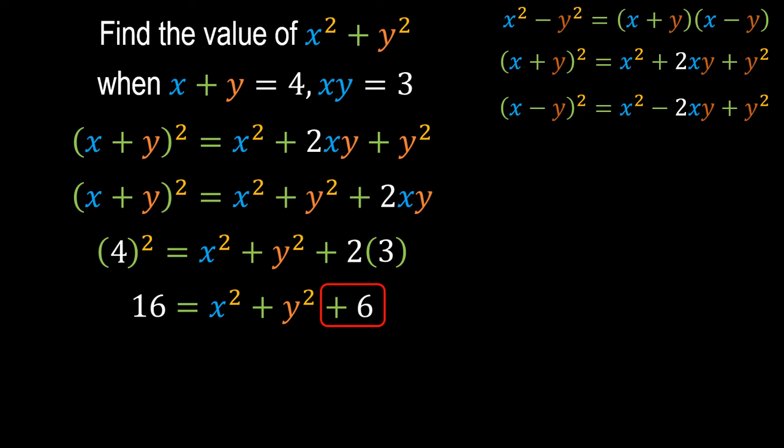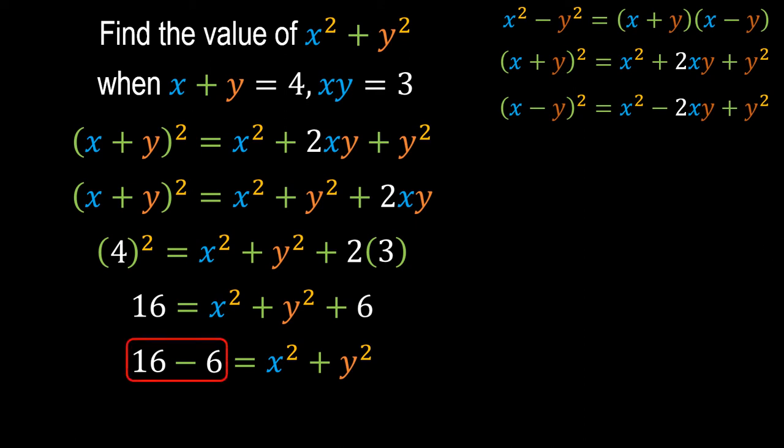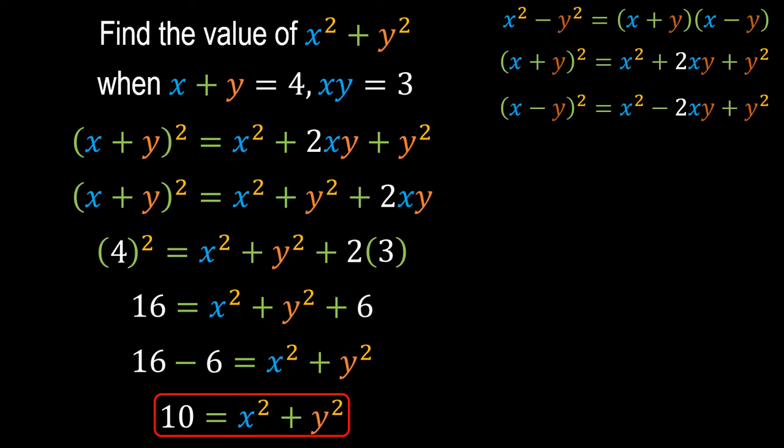So we have to move this positive 6 to the other side of the equation. Since it is being added on this side, when it moves it will be subtracted, right? So now we have simple subtraction: 16 minus 6 equals 10, which is equal to x squared plus y squared, which was required in our question. You can see we have found x squared plus y squared.